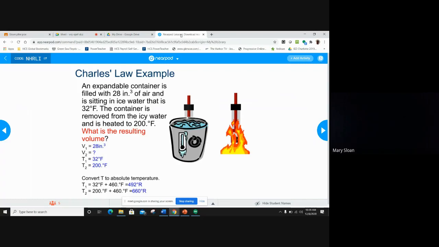Volume 1, temperature 1, volume 2, temperature 2. What is my first volume? 28 inches cubed. What is my second volume? I have no idea. Temperature 1, what is it? 32 degrees Fahrenheit. What is my temperature 2? Okay. What do I need to change here?